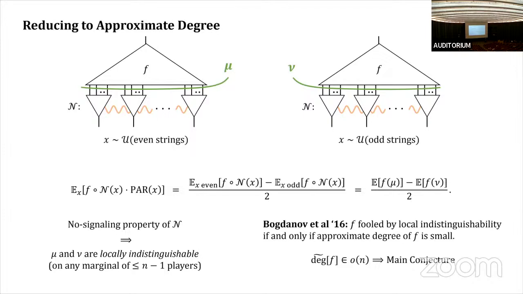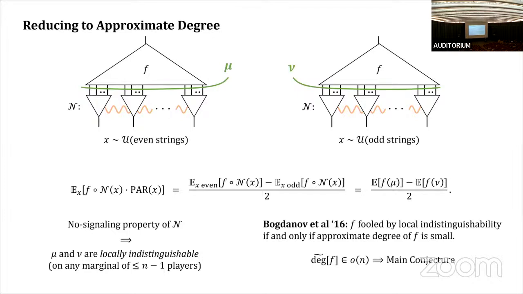Then this is an if and only if with the approximate degree. So in order to replace approximate degree with quantum query complexity, I think one would need to understand more about what you're throwing away when you relax to no signaling channels, if that makes sense.